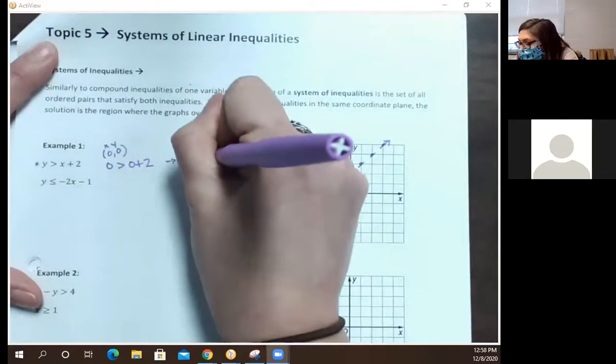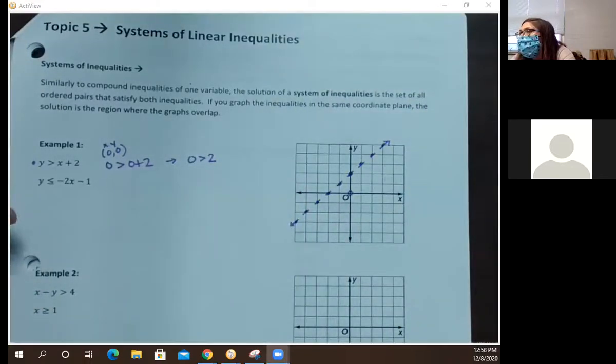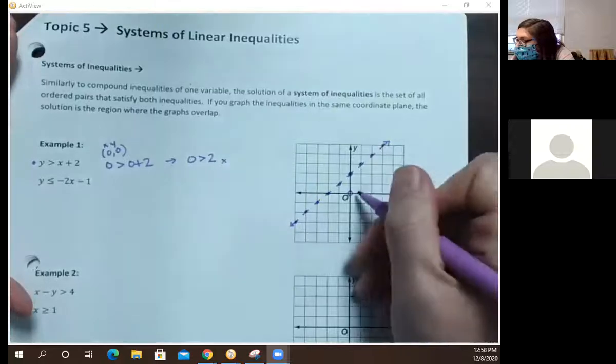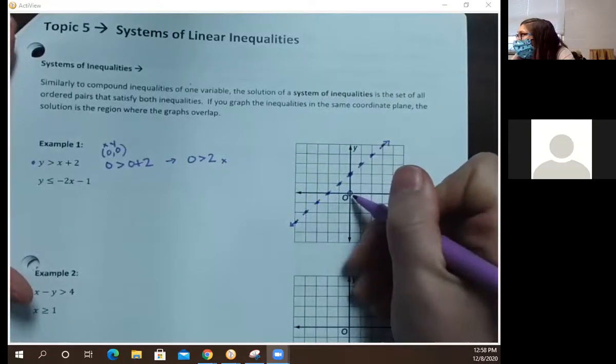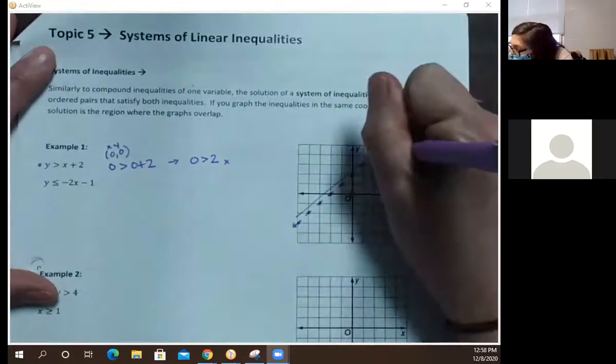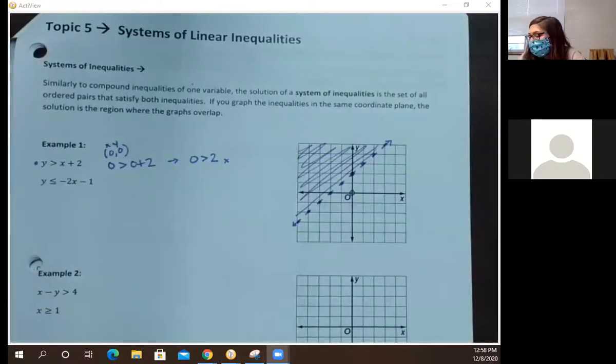So 0 is greater than 2. Is that true? No, 0 is not greater than 2. That means I do not want to shade on this side. That point doesn't work, so nothing on this side will work. So I'll shade on the other side.